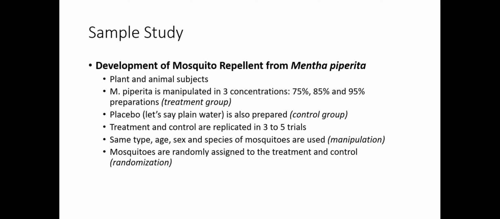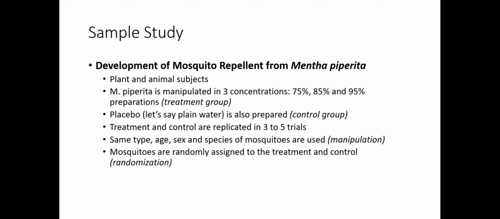And these manipulated groups or treatment is the experimental or the treatment group. Now, a placebo, let's say a plain water, is also prepared. In this case, this is the control group. We did not add any mosquito repellent here in the form of Mentha piperita. So the treatment and the control group are usually replicated in at least 3 trials.